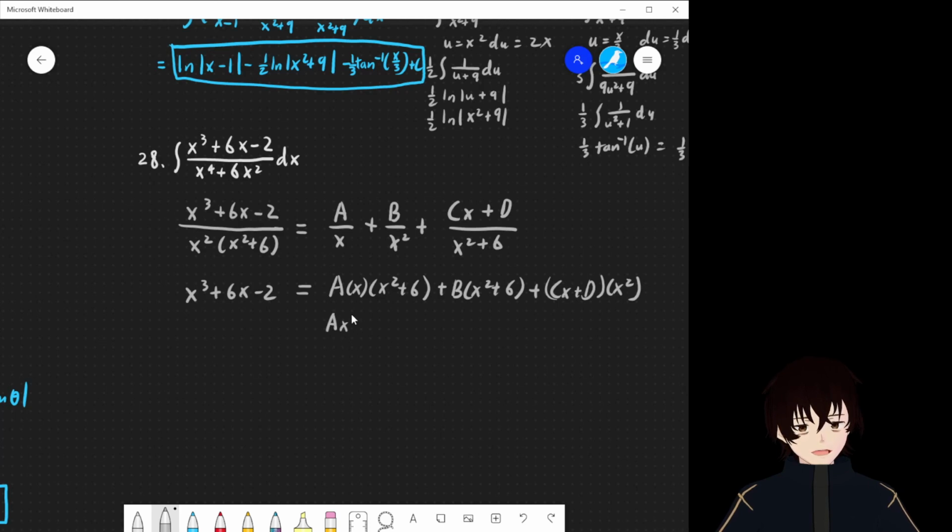Expanding: a x cubed plus 6ax plus bx squared plus 6b plus cx cubed plus dx squared.